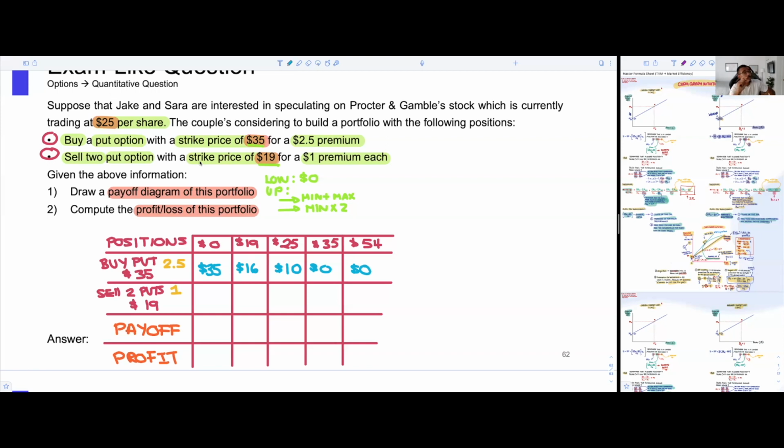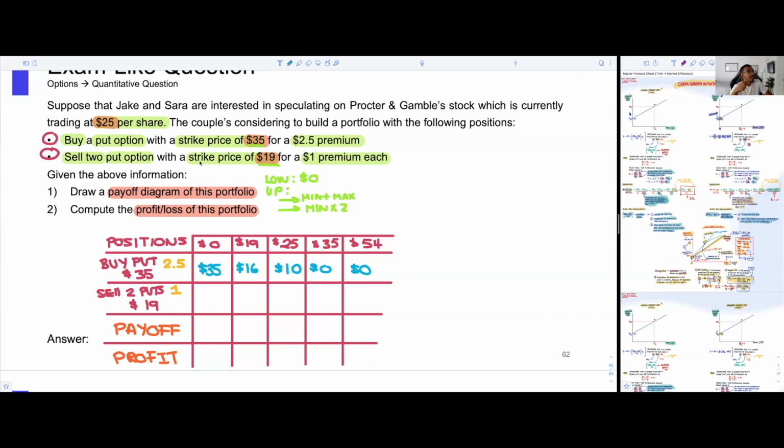So when you see something like we're selling multiple puts or we're selling multiple calls, the first step to do is always to act like if we were buying it, okay? If we were to buy a put and the price on the market was $0, right? A put with a strike price of 19 bucks would give us a payoff of 19 bucks. So that's amazing. And because we would have two puts, we would have a payoff of 38 bucks.